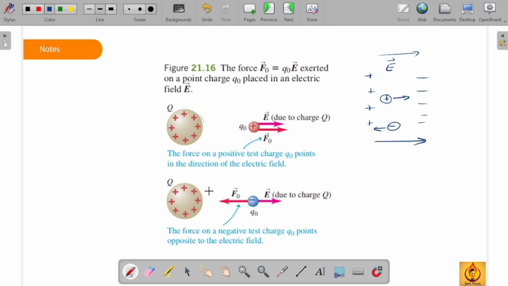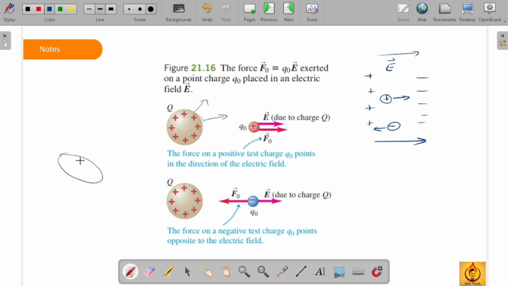So this is when we have the positive charge and our electric field is also positive. When is our electric field positive? It is positive when it is from positive to negative. We are going to draw the electric field lines, and we'll find that the electric field lines are from positive and they are into the negative.